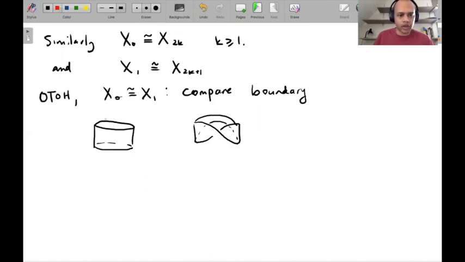And let's just look at the boundary. So for x0, the boundary is 2 circles. So the boundary of x0 is S1 disjoint union S1. And the boundary of x1, well, we go around like this, and we come down, and then back up, and come around. So the boundary here is 1 circle.